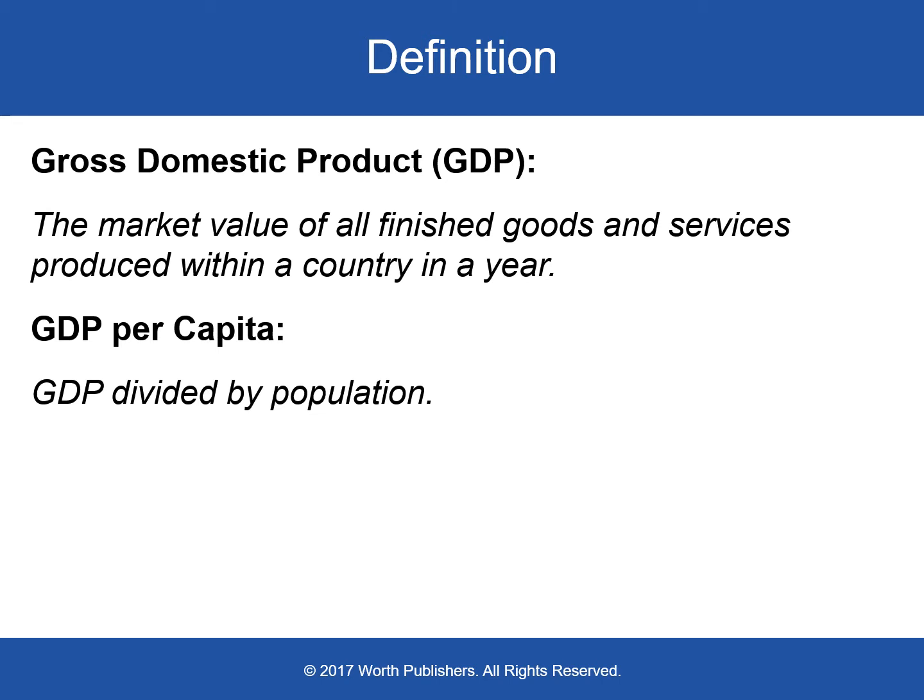And finally, the produced within a country idea is we're counting production that literally occurred within a country. So if the United States owns a factory in Canada, the production of that Canada-located factory does not count for US GDP. And I'll give you the intuition.